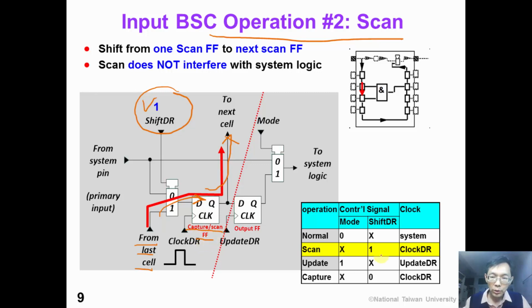In the scan operation, we use the clock DR to shift the boundary scan cells. Please note that the JTAG boundary scan cell has 2 flip-flops. So in scan operation, the system logic is totally isolated from the scan chain shifting. So boundary scan does not interfere with system logic.